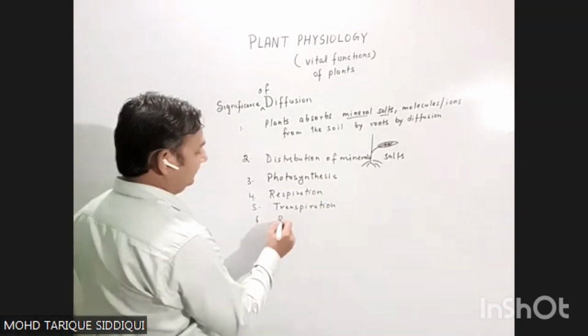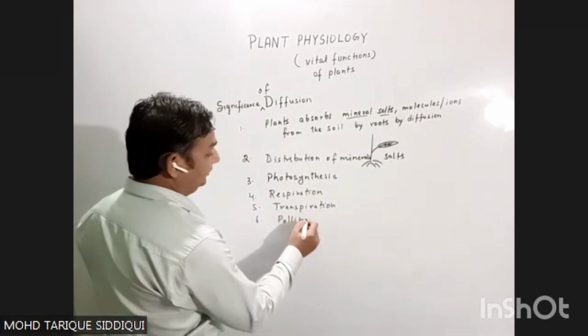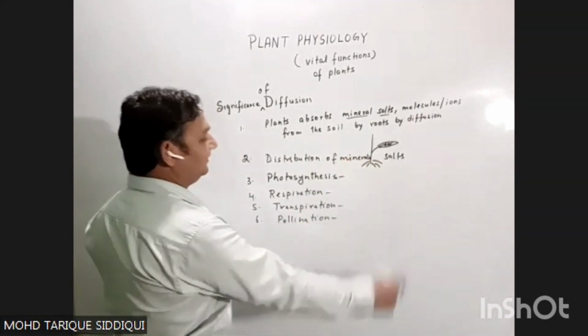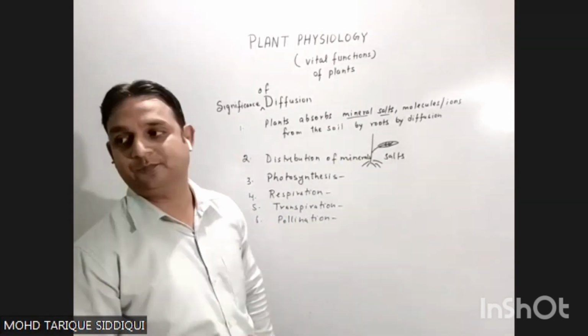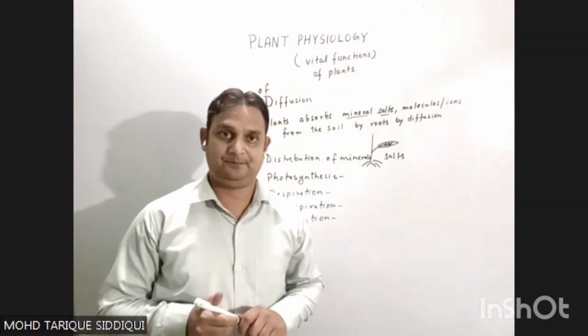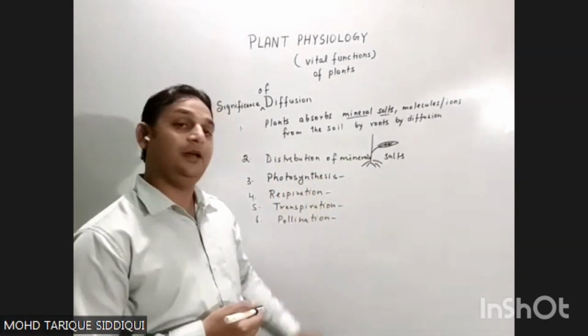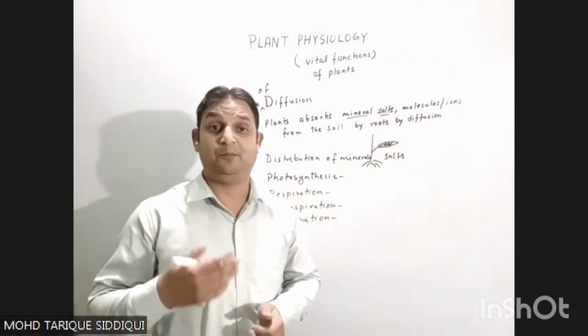Diffusion helps in pollination. Now the question arises, how? How does diffusion help in photosynthesis, respiration, transpiration, pollination?